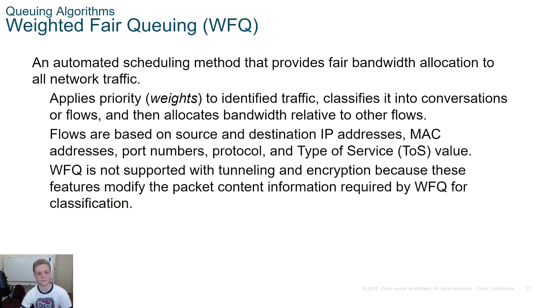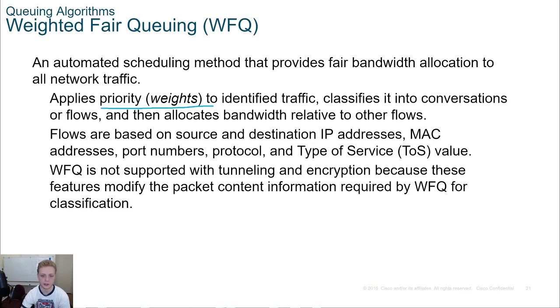Weighted fair queuing. Again, we're going to have some basic priorities and we're going to classify them into conversations and allocate bandwidth relative to other flows. So the flows are based on source and destination IP address, MAC addresses, port numbers, protocol numbers, and type of service values.